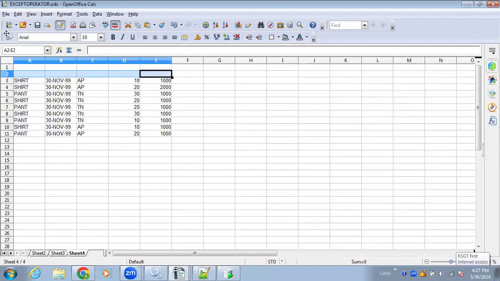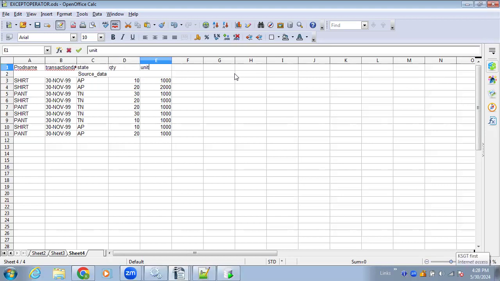This is your source data. This is the product name, and this is the transaction date, state, the quantity that someone has purchased.